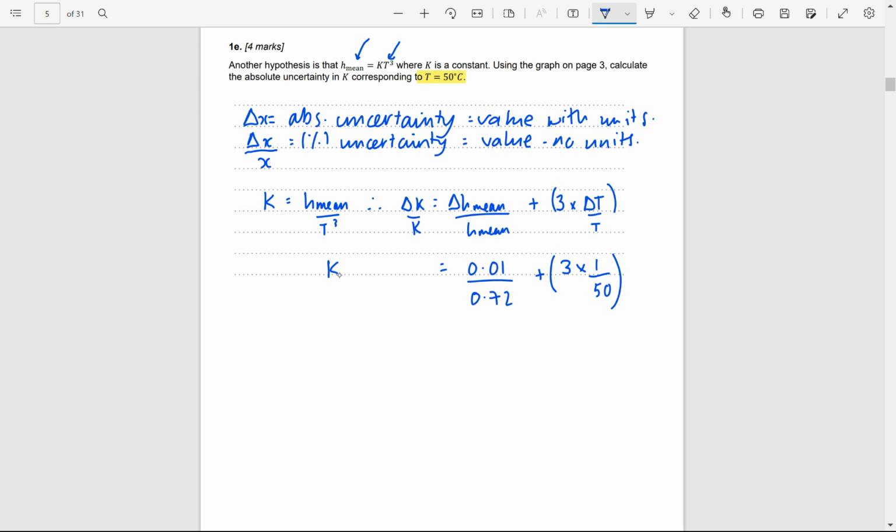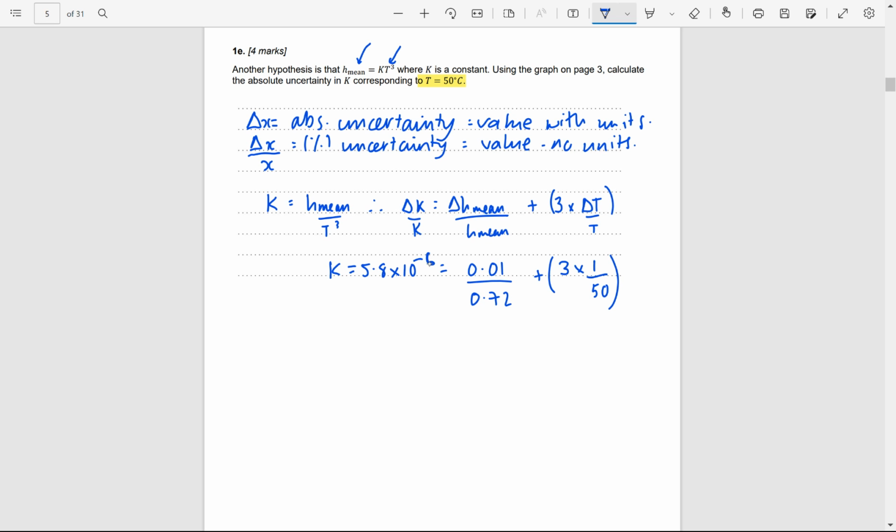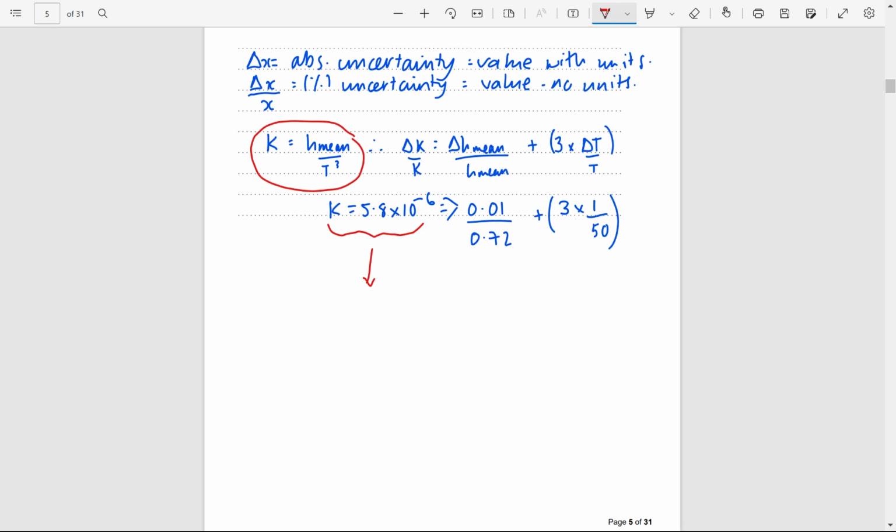And if we work that out, K equals 5.8 times 10 to the minus 6. So this value of K that I've just worked out comes from this formula here.